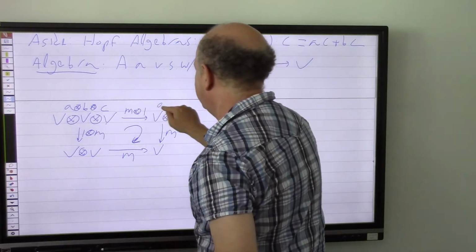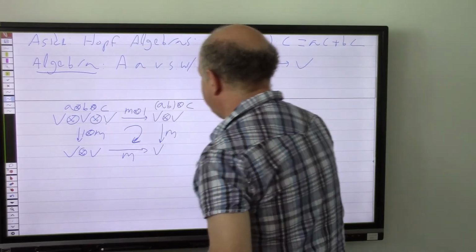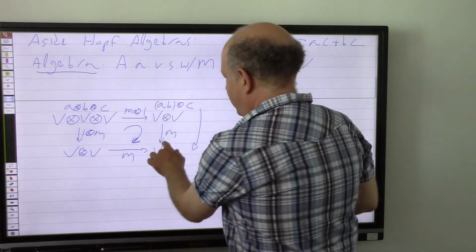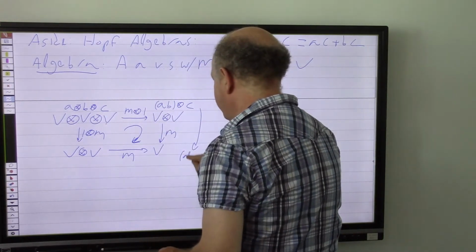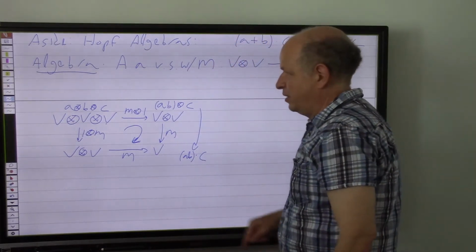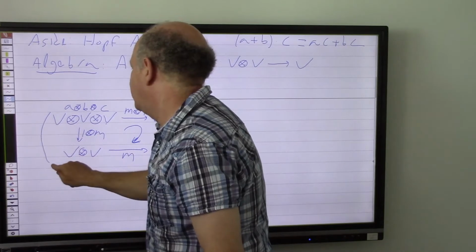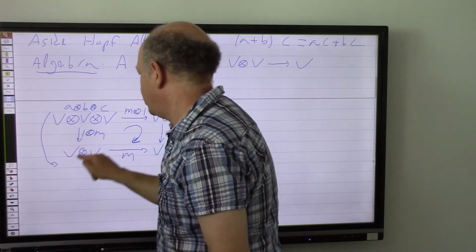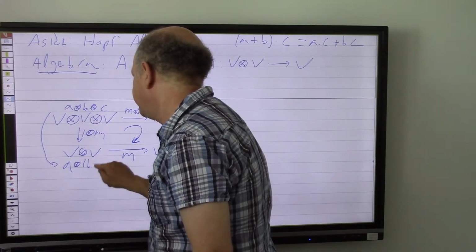So you'll get AB tensor C. And now if I apply multiplication, A and B were already multiplied, and now I multiply the result by C. And if I went the other way, applying 1 tensor M, I will get A tensor BC.